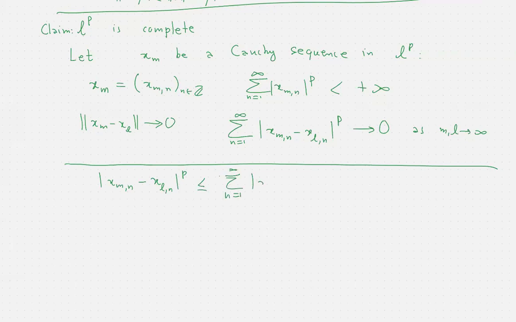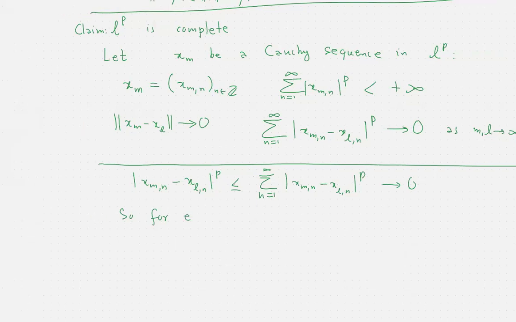That tends to 0. So for each given n, x_{m,n} for m in, I'm sorry, not in Z, in N, this is Cauchy.